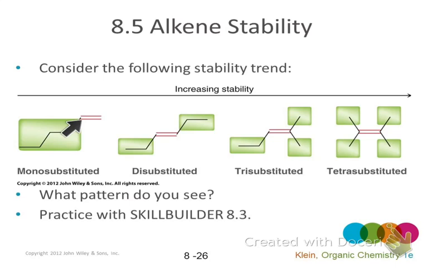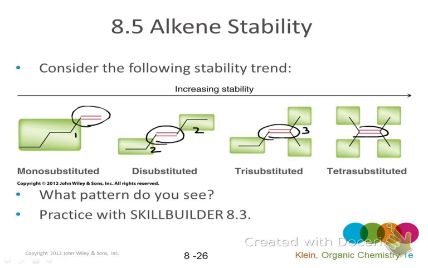This double bond has one substituent on it, one alkyl substituent. This double bond has 2. This double bond has 3.